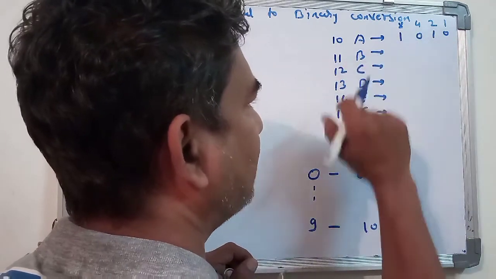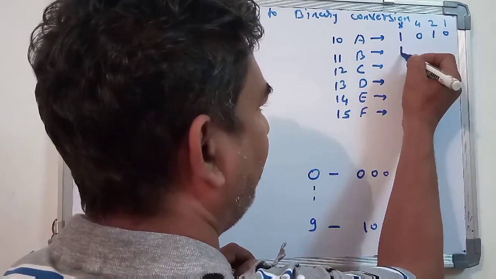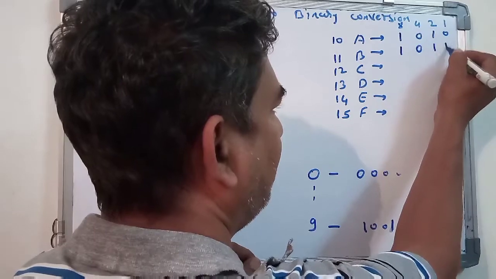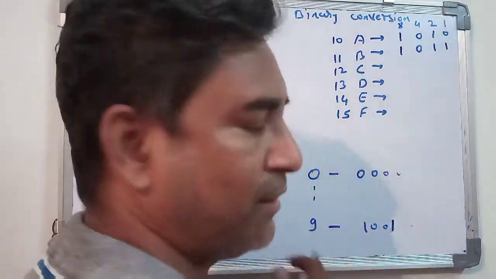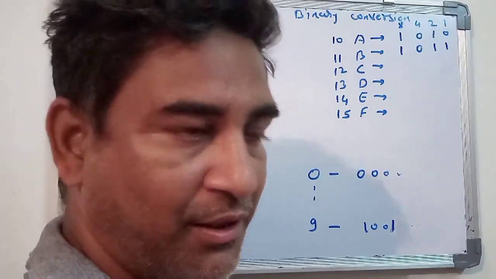Then B is 11, so 1011, since 8 plus 2 plus 1 is 11.